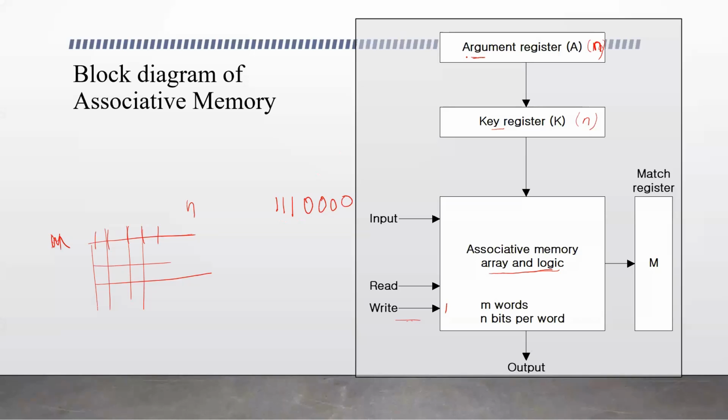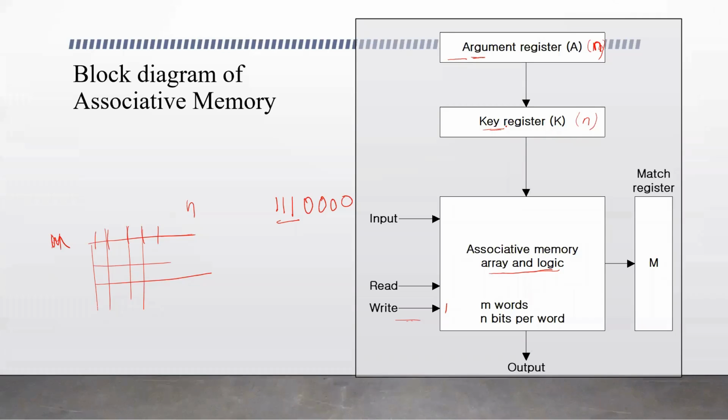Suppose in the argument register, the bits used as key are the first 3 bits. We are using the first 3 bits to search the content in memory. So the first 3 bits of the key register are set to 1, and all the other bits would be 0. So for that we have this key register. I'll give you an example also.